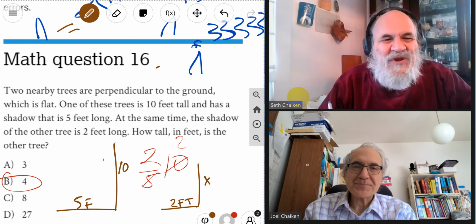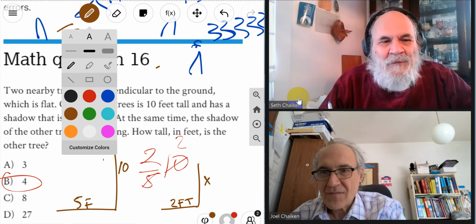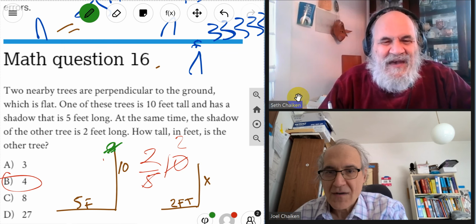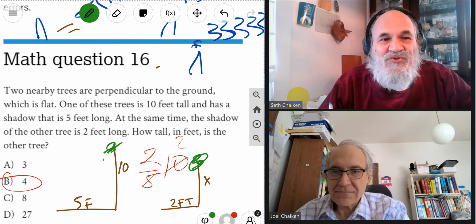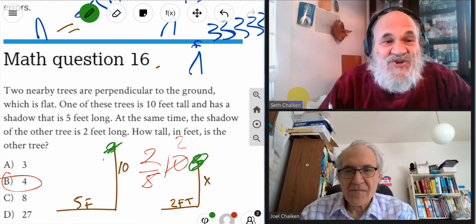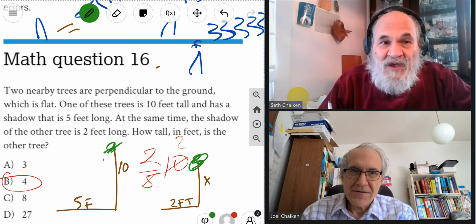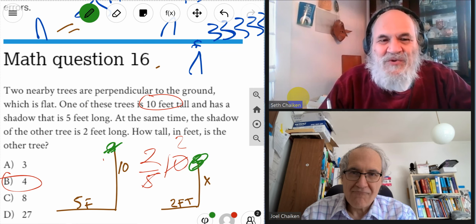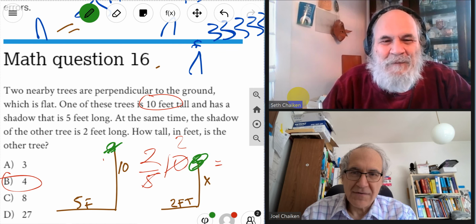We know the length of the shadow of the short tree and the length of the shadow of the tall tree. We're interested in the height of the short tree, and we know the height of the tall tree. So we have to take the smaller fraction, which is 2/5, and multiply it by the height of the tall tree to get the height of the small tree.